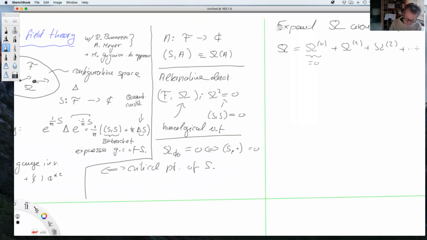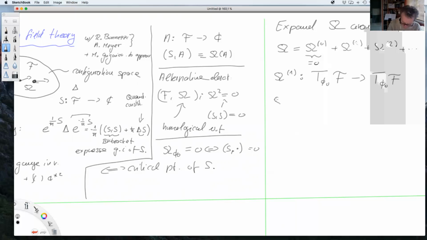Now, this is obviously an expansion in the tangent space at phi 0. So omega 1 is a map from T phi 0 of F into T phi 0 of F. It's mapped from the tangent space into itself, a linear map.